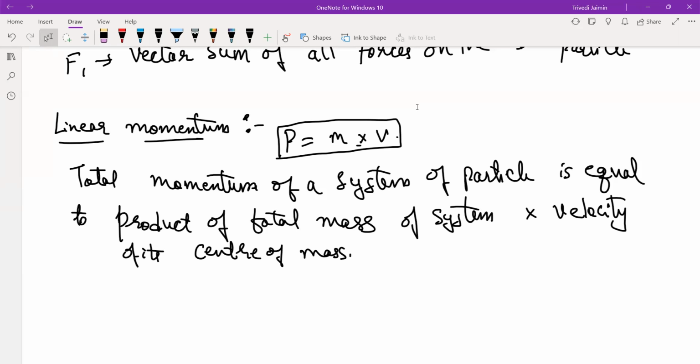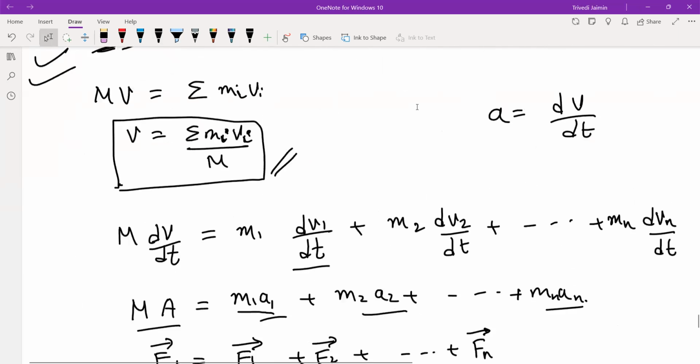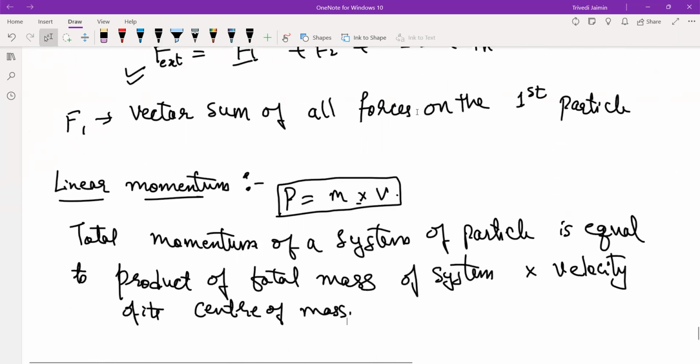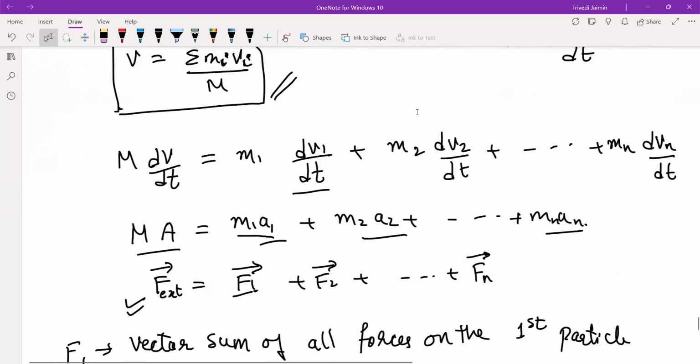Now, it is m and v, and we can get this the same way, because it is a system of particles. Similarly we can write this. We're not deriving the same way again and again.